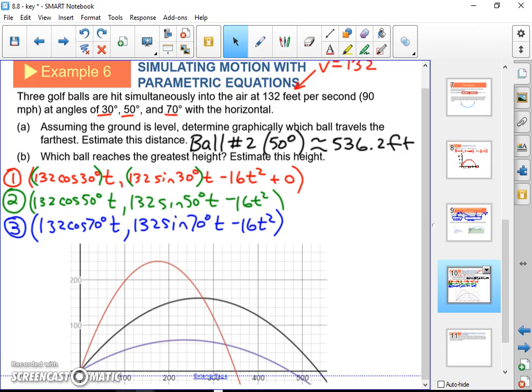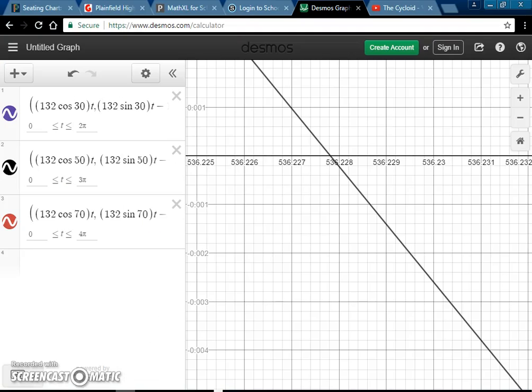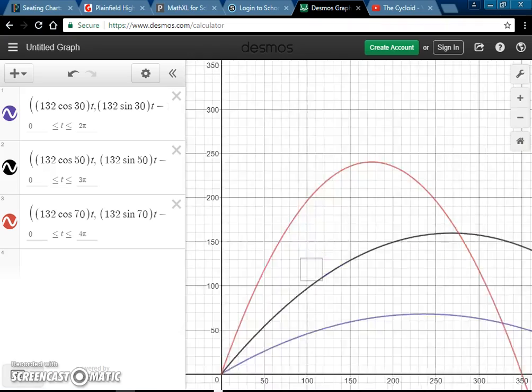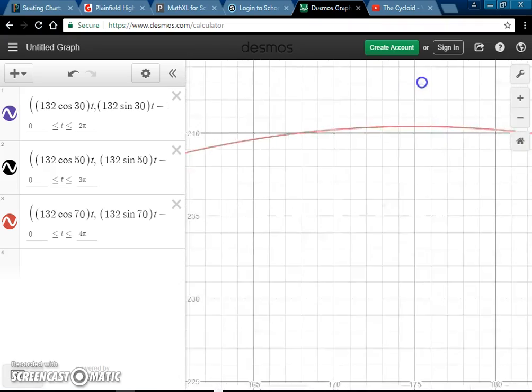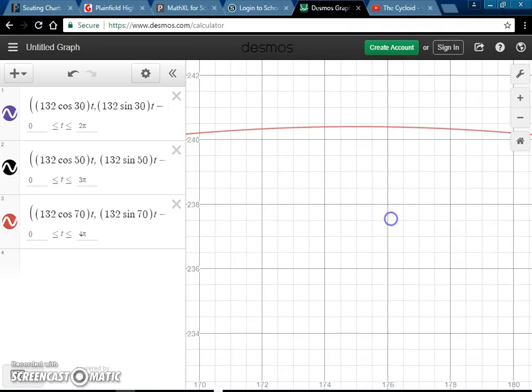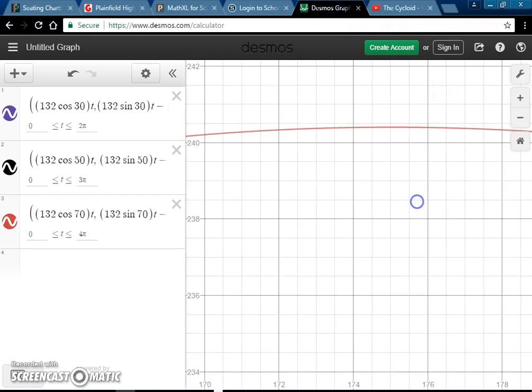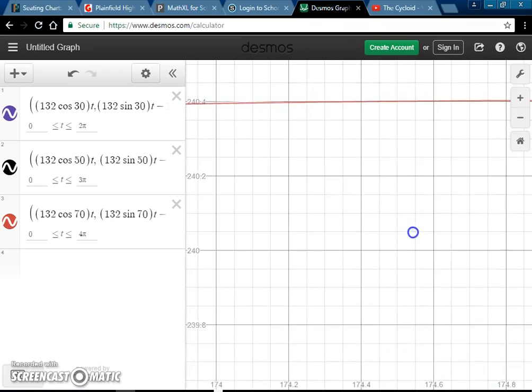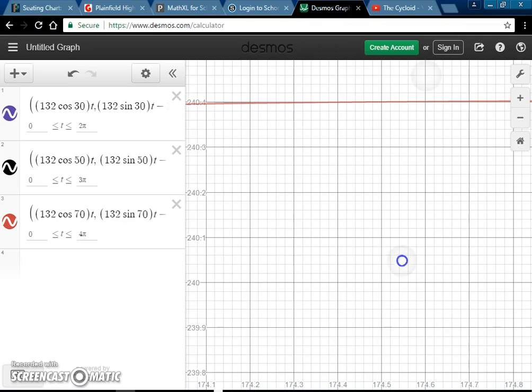Okay, so which one travels the highest? That's this one. Okay, so you should be able to see how high that one is. Let's zoom in on that and see how high that is. About 240.